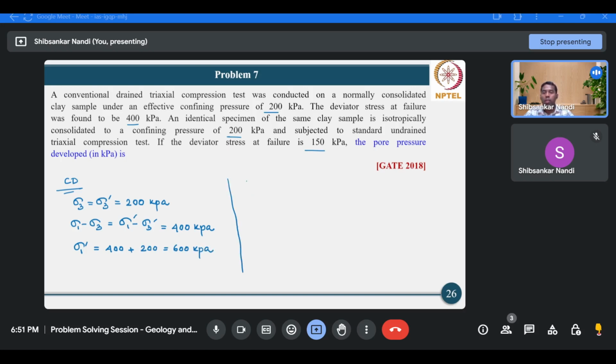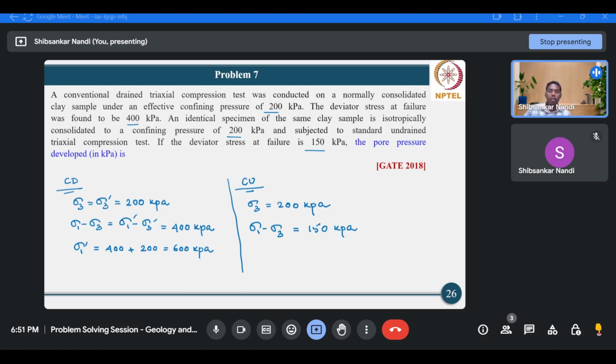Now coming to the second case, that is CU, consolidated undrained: the total confining pressure was 200 kPa, and the deviator stress sigma 1 minus sigma 3 was 150 kPa.